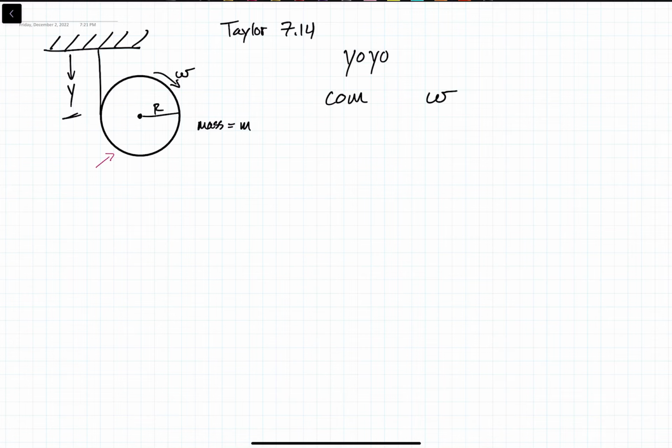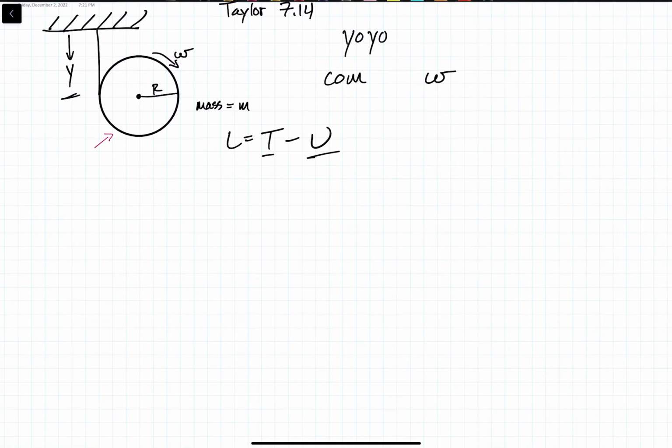in order to do this, we need to find the Lagrangian. And the Lagrangian is defined as L equals T minus U, where T is the kinetic energy, U is the potential energy. So first, I need to find the kinetic energy of this system. For this yo-yo, T is equal to 1/2 mv squared plus 1/2 I omega squared.